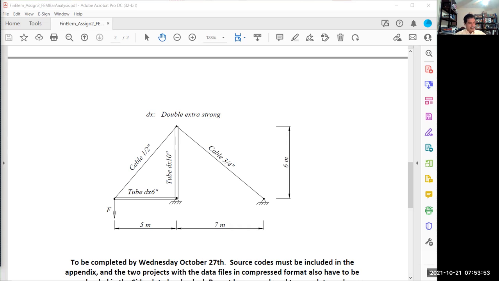Mr. Ordóñez, go on. And solve the system of the equation, right? Okay. And then we will have the displacements of that point.